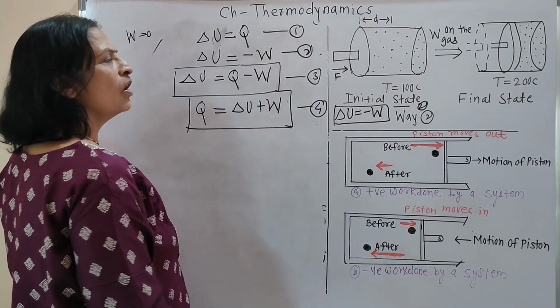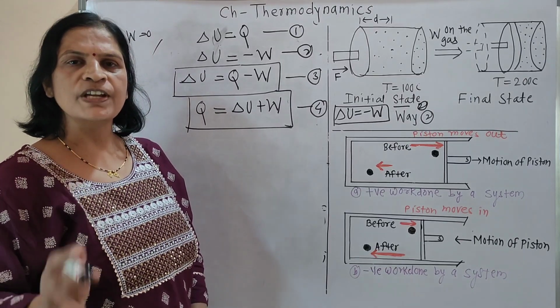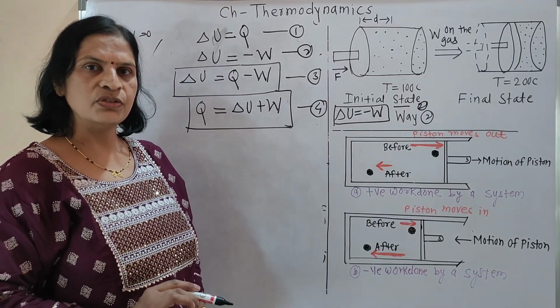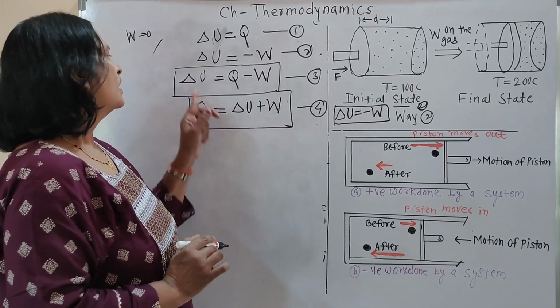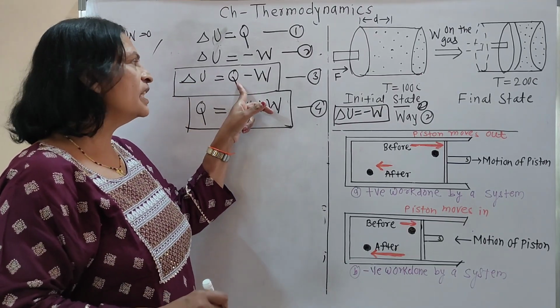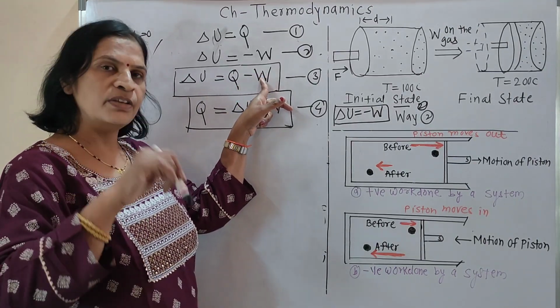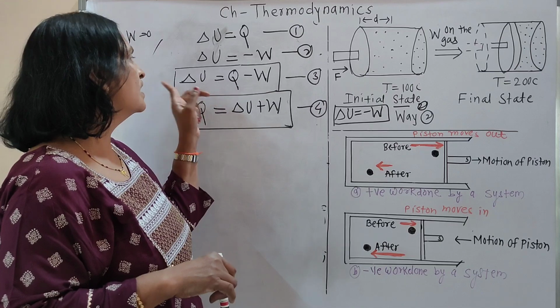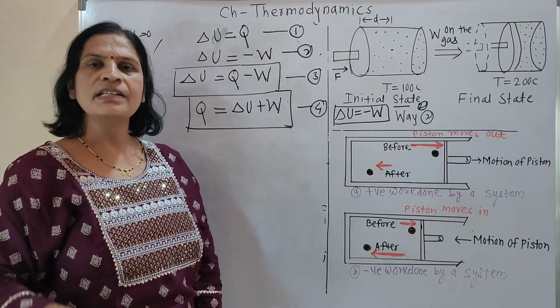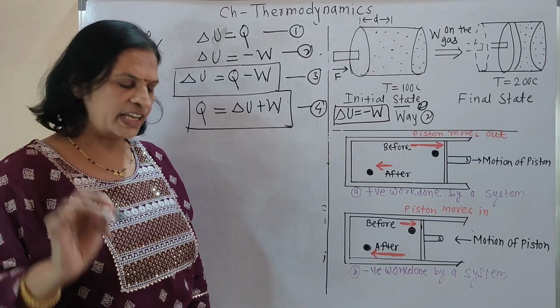The first law of thermodynamics is nothing but the law of conservation of energy. Always keep in mind that internal energy is a form of energy, Q is heat, which is also a form of energy, and work done is also a form of energy. So the first law of thermodynamics is nothing but the law of conservation of energy.